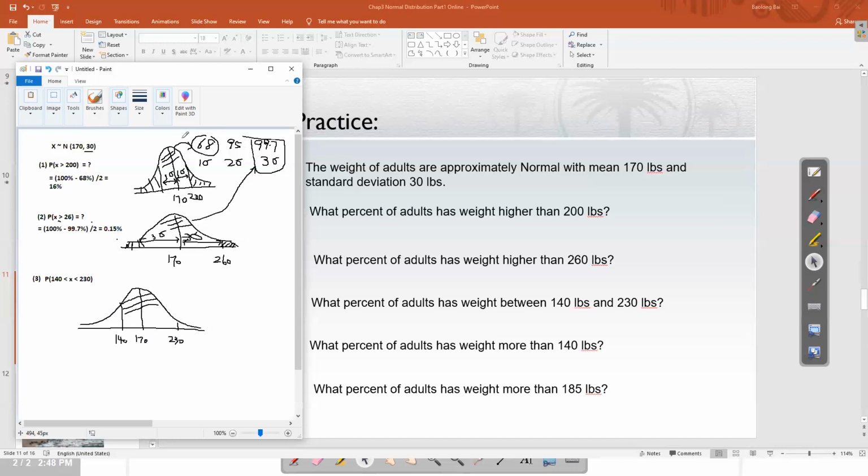Again, we need to try to use the rule here. We need to know what rule to use. So we need to determine the distance from the center to the boundary, always from the center to the boundary. To the left boundary, the distance is 140 to 170, that's 30, right? 30 is exactly 1 standard deviation away.